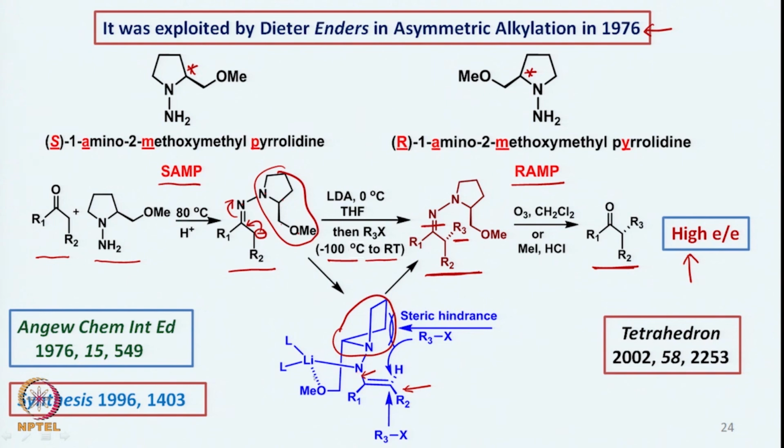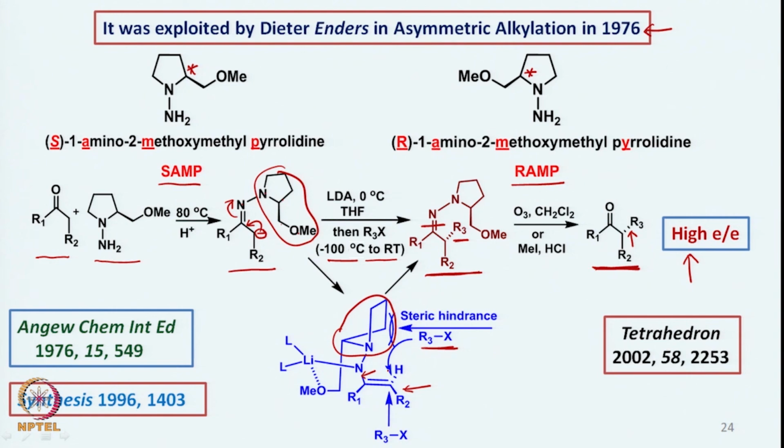This chelation allows a cyclic intermediate or transition state, a bicyclic form as a matter of fact, and as you can see the double bond is ready to react with an electrophile R3X. Whether the electrophile comes from the top or from the bottom determines whether the reaction gives R3 in alpha or beta orientation.